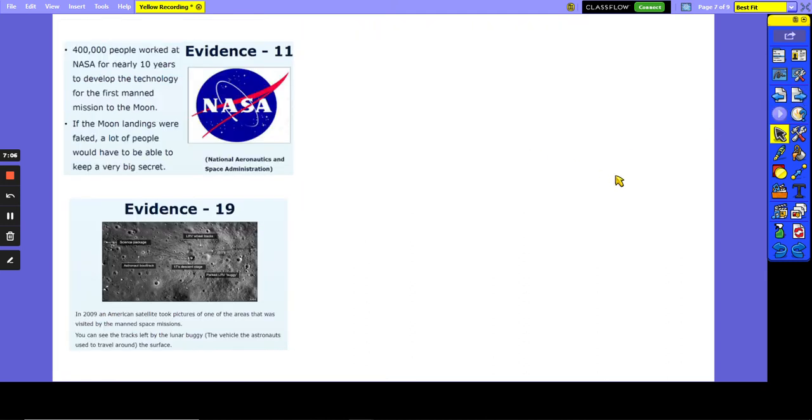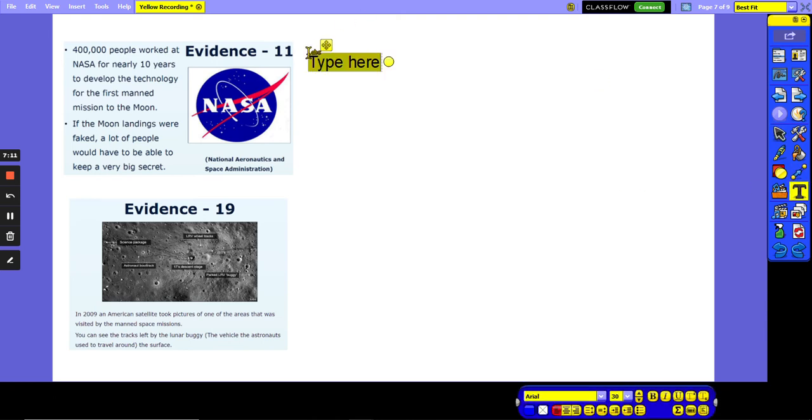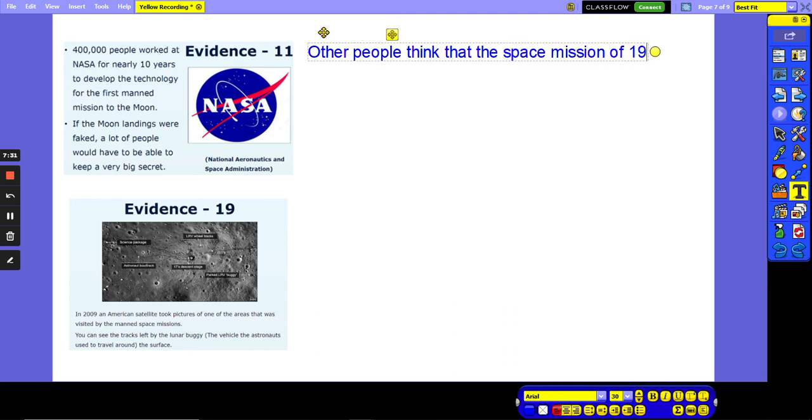So hopefully you've finished that paragraph by now and you are ready to say other people think that, so I've already said lunar landing, I might say the space mission of 1969 was actually real.